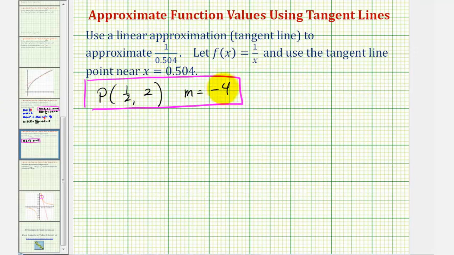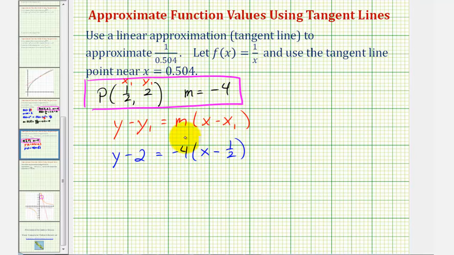Using point-slope form of a line, or the form y minus y sub 1 equals m times the quantity x minus x sub 1, notice x sub 1 would be 1/2, y sub 1 would be 2. So we'd have the equation y minus 2 equals -4 times the quantity x minus 1/2. Now we'll distribute and solve for y. So if we distribute, we'd have y minus 2 equals -4x, and then we'd have plus 2.